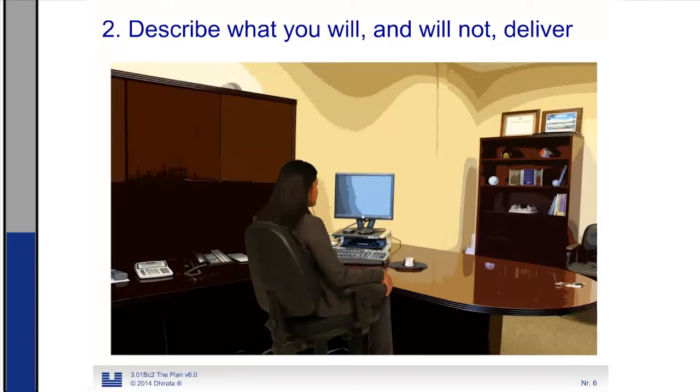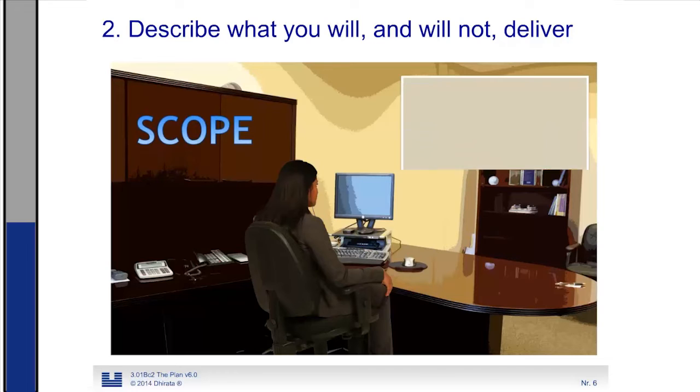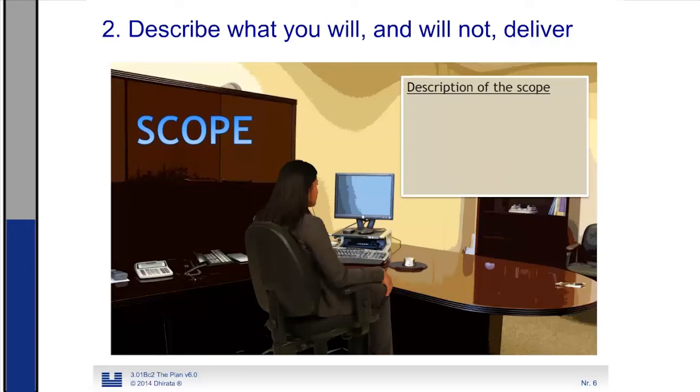Before you actually are able to make a good budget or a good schedule, you need to know what you will and what you will not deliver. We call this the scope of the project. So you describe the scope by writing down the basic criteria, the constraints that you have been given, what you will deliver, what you won't deliver.